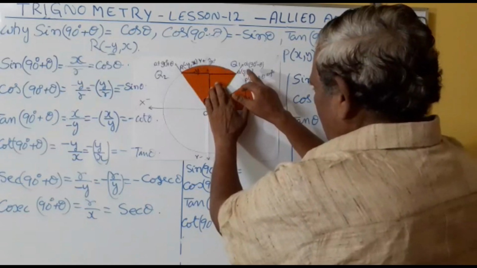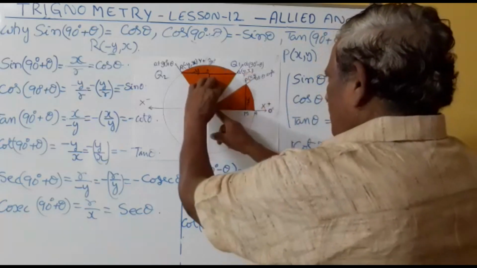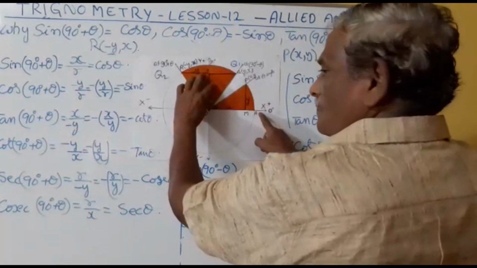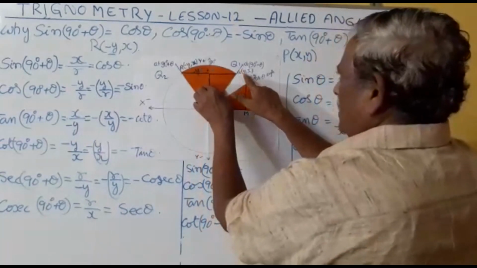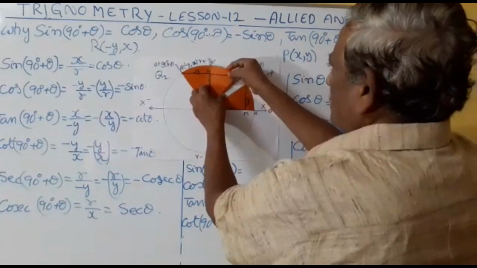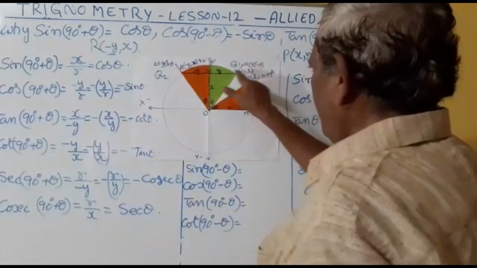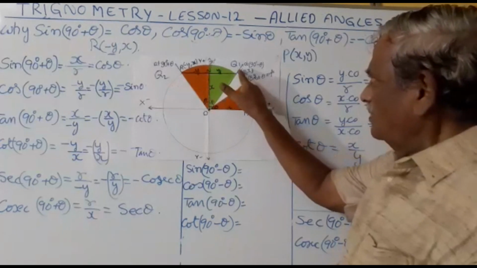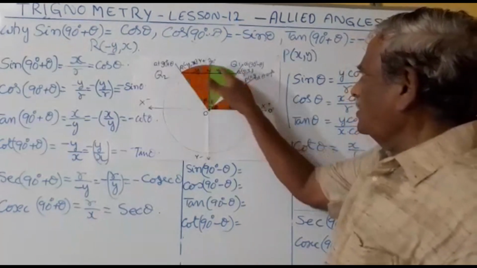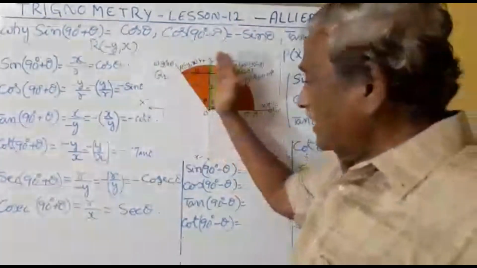But the x coordinate in Q1 is positive. This is positive x. Therefore minus y becomes plus y, and the coordinates are plus y and x. So the coordinates remain as they are, but the sign of the x coordinate changes due to lateral inversion.